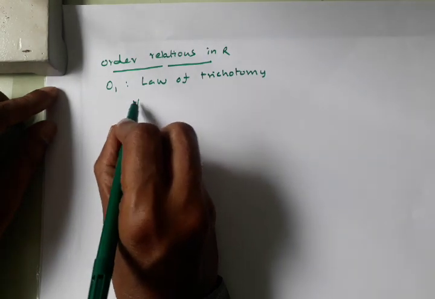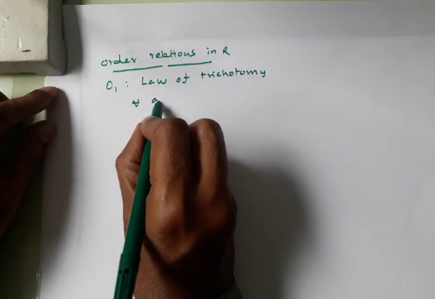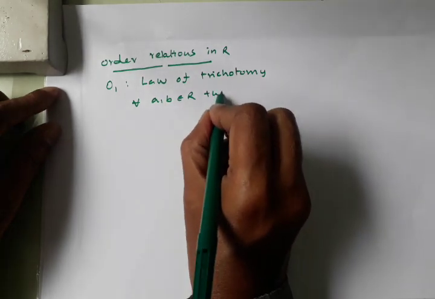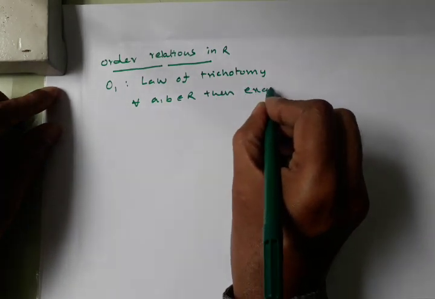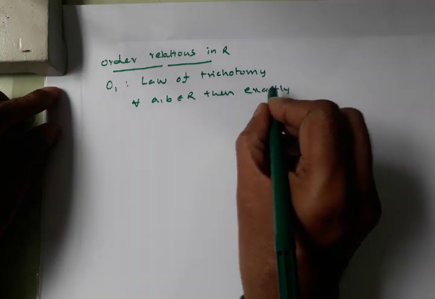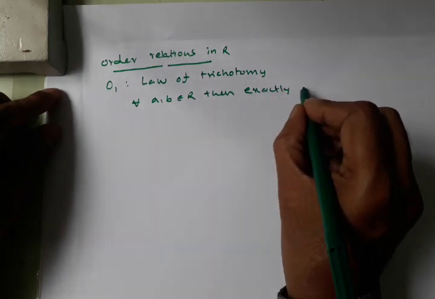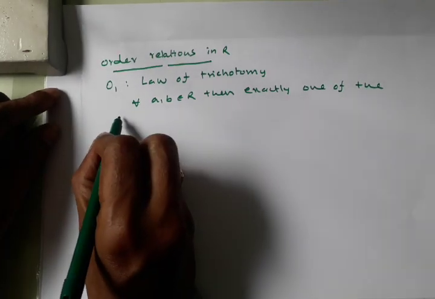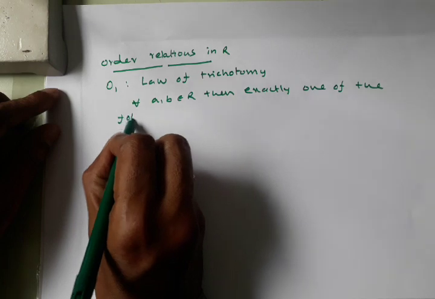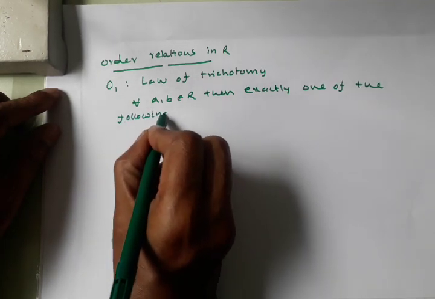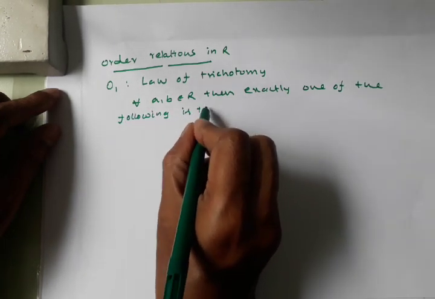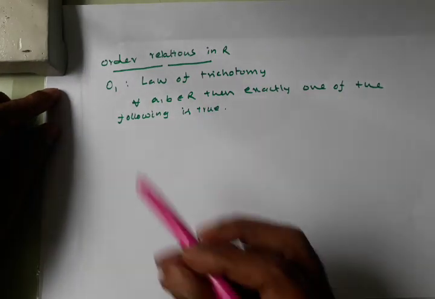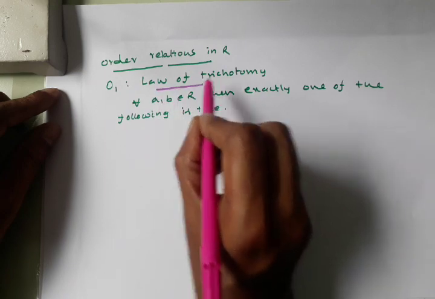For all A, B belongs to R, exactly one of the following is true. See here, what does the law of trichotomy tell?